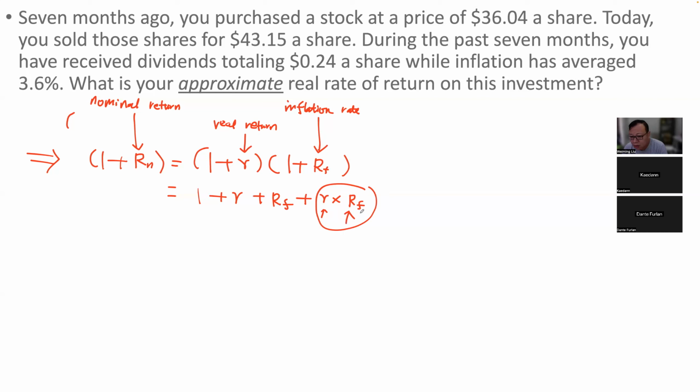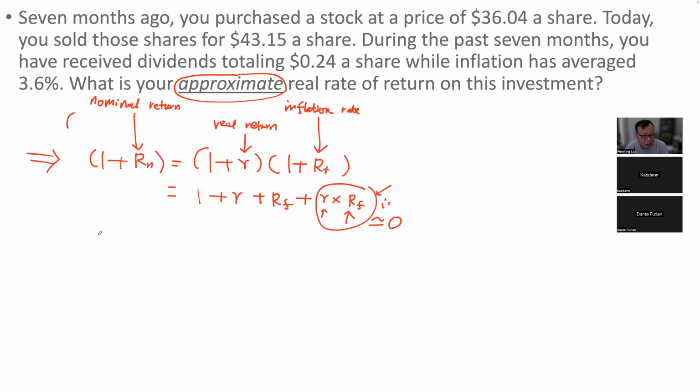So think about this. If it's 1% and 1%, 1% times 1% is like 1 out of 10,000. It's very small. So when r and RF are small, this term can be ignored. It is approximately equal to 0. That's why they are asking you for the approximate.